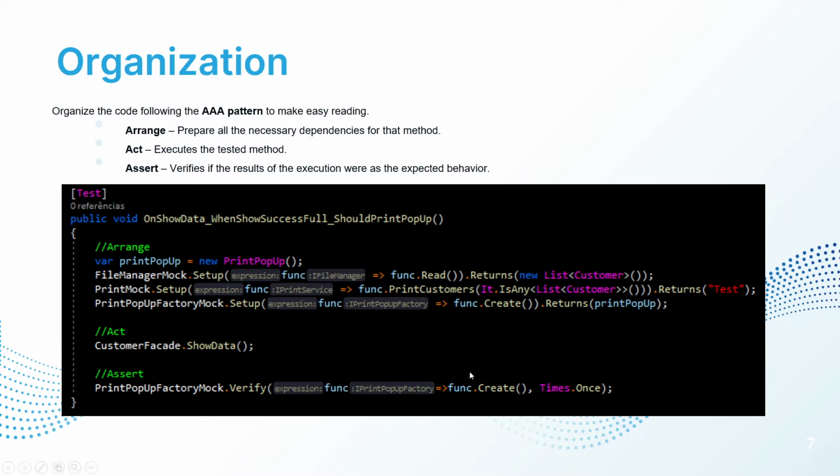If you are expecting it to be called more than once, then we have other functions to verify that too. In this case, we are using Fluent assertions. I'll talk a little bit more about Fluent assertions in the next slides. For mocking we are using the Moq library, and for the test itself we are using NUnit.